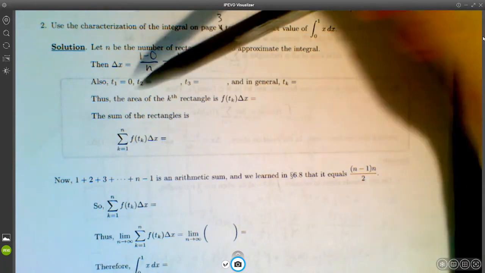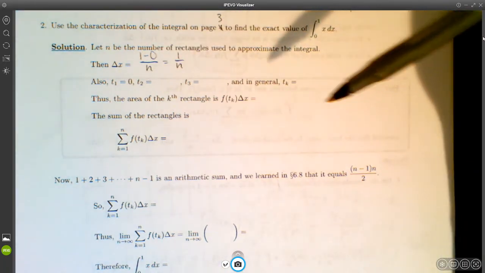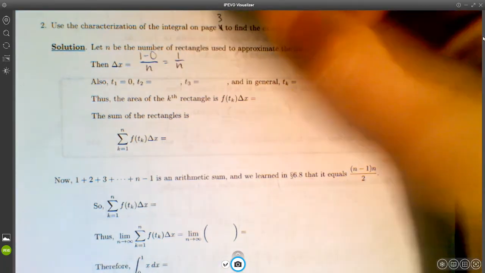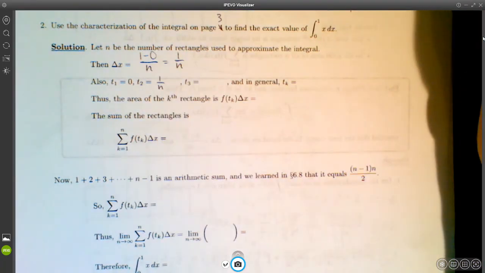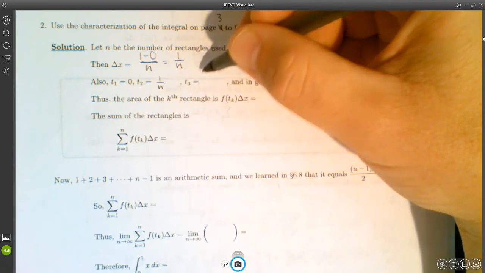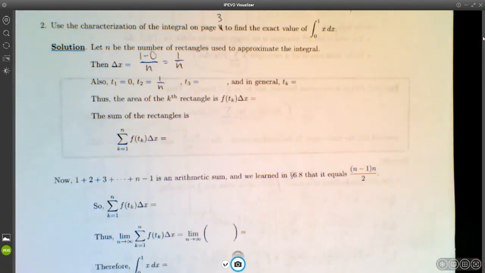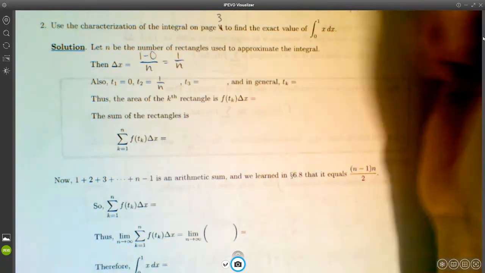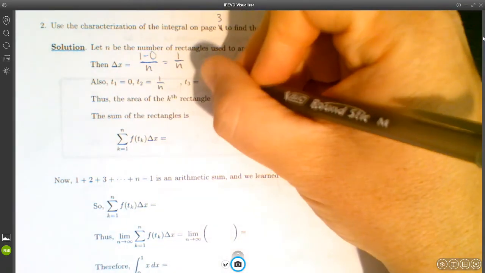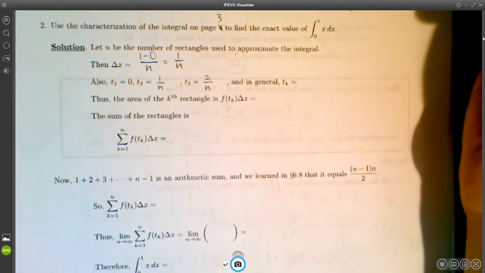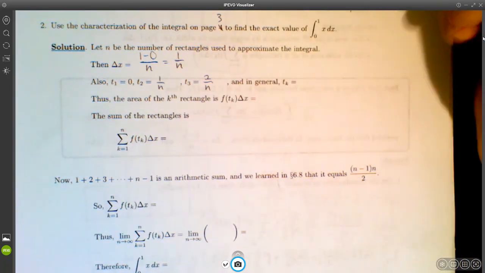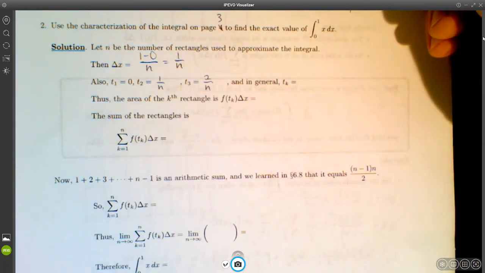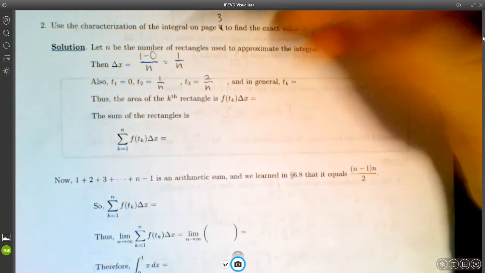Also, t1 would be 0. t2 would be 0 plus 1 over n, so that's just 1 over n. t3 would be 0 plus 2 times 1 over n, or in other words, 2 over n. And in general, t sub k, well, maybe it would be helpful to do a few more examples, right?